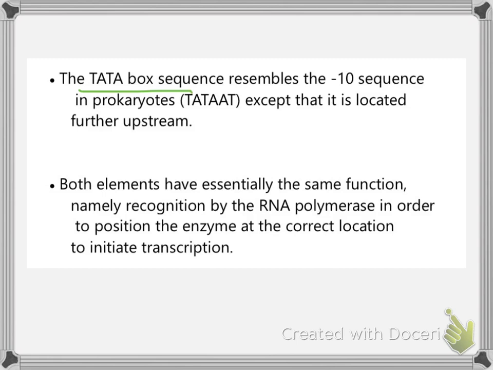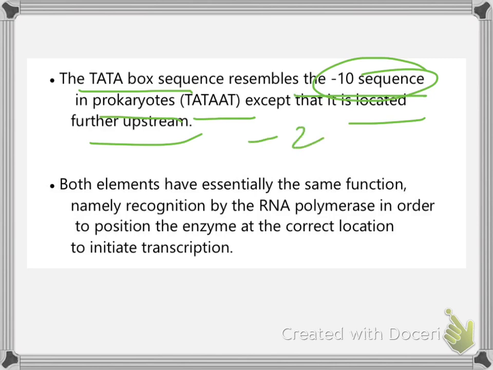And this TATA box resembles the -10 sequence in prokaryotes, the TATAAT sequence, except that it is located further upstream. That is, in prokaryotes there will be a -10 sequence, but in eukaryotes it will be the -25 sequence.